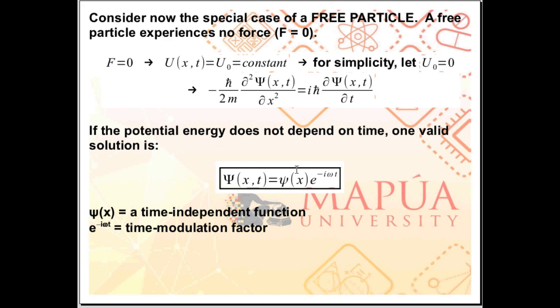since psi is comprised of small psi and the time modulation factor, and it's only small psi that is dependent on x, that means double differentiating psi will mean double differentiating small psi. So double differentiating small psi, and there is psi on the right side.